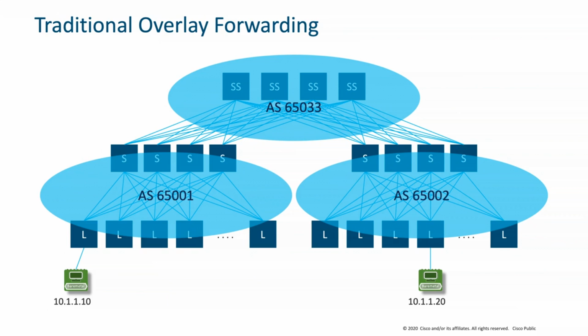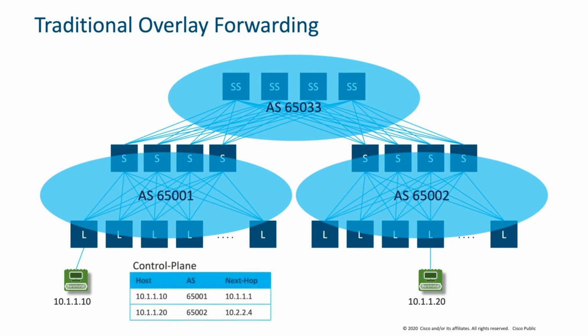Otherwise, you will see that this drawing can change by having the spines have another AS and the leaves, depending on a 2 AS or 3 AS design, multiple ASs. So if you look at the control plane, how the routing will take you, if host 10.1.1.10 wants to reach 10.1.1.20, which is in the same VLAN but in a different fabric across a layer 3 boundary, you will see the next hop points to a VTEP, which is a loopback on one of the leaves, the leaf which is connected to that host.